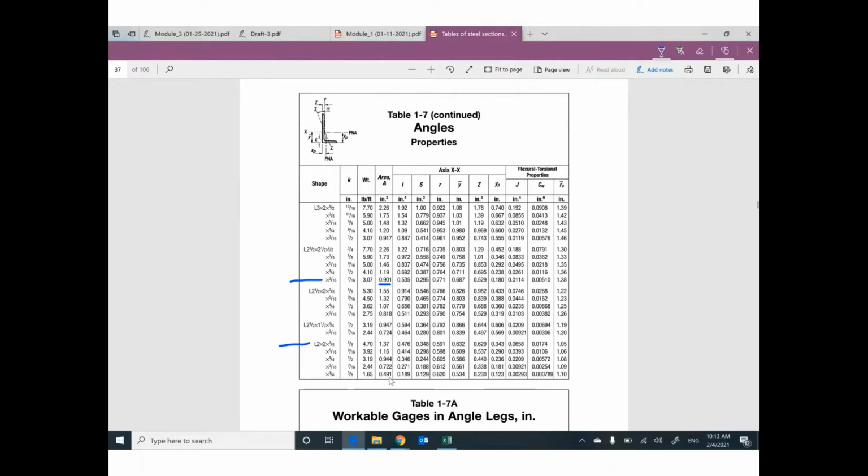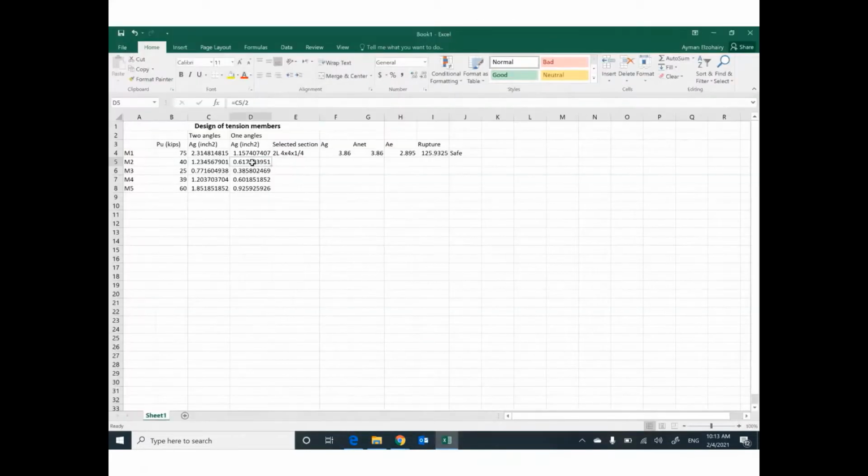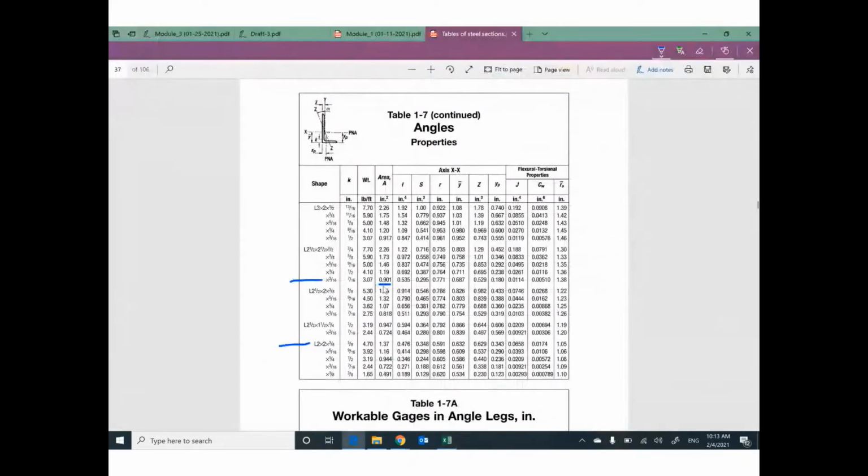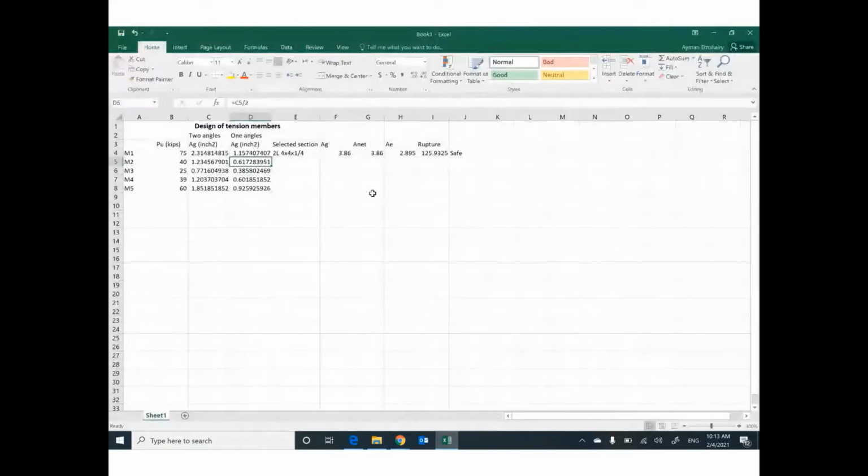But I highly recommend you don't be too critical. You are looking for 0.617, okay, but 0.9 would be good because you still need to do a check against rupture. So we don't need to be unsafe here. And keep going.